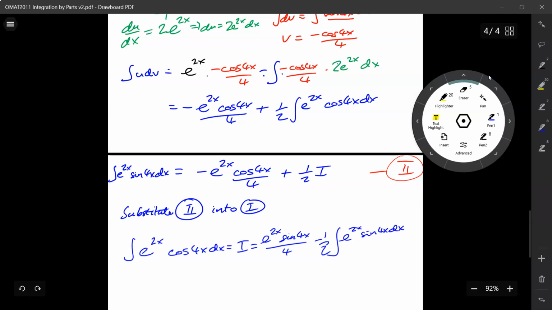So I've basically written out equation 1 again. This is equation 1.